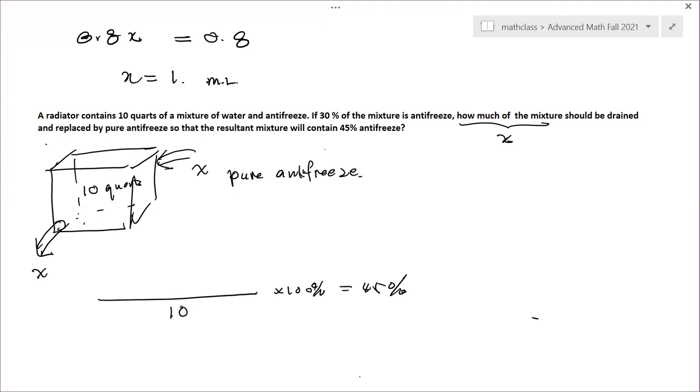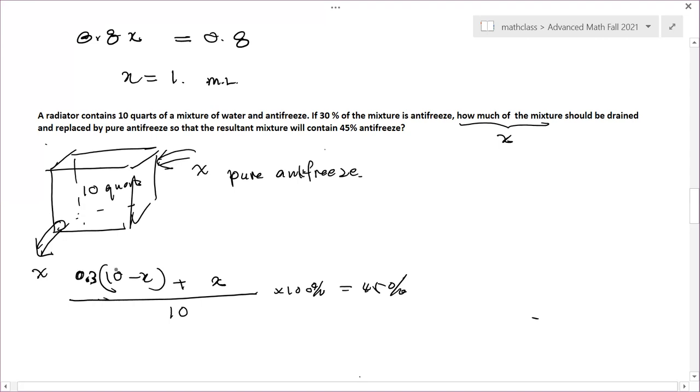Part is from the original mixture, whatever is remaining, and part is from the pure antifreeze added. The added pure antifreeze is X. The antifreeze we have from the original is 10 minus X, the remaining amount, multiplied by 0.3.